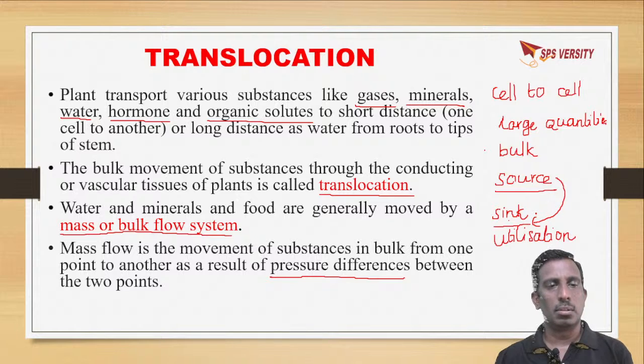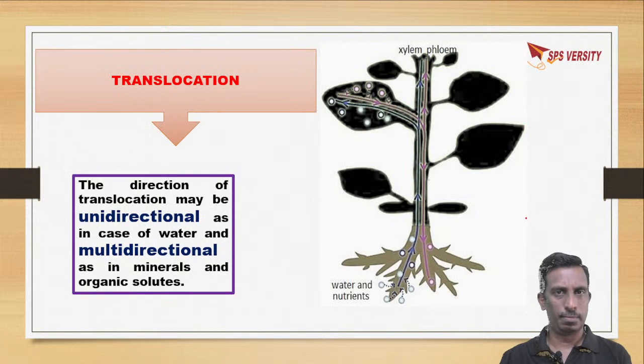So in translocation, the substances have to move from source to sink, which means there should be a pressure difference. This mass flow of substances from one point to another is called translocation.